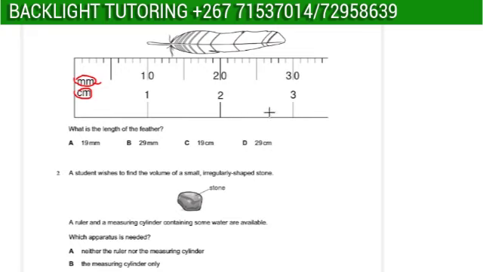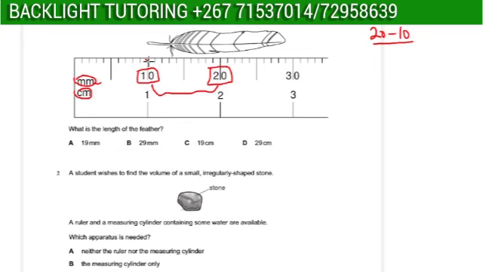So the first thing we are going to do is to find what the small units actually represent. We are going to take 2 numbers, this one and this one, and subtract them. We're going to say 20 minus 10. Then we count the small units. We start counting from this 10, and we don't include 20.